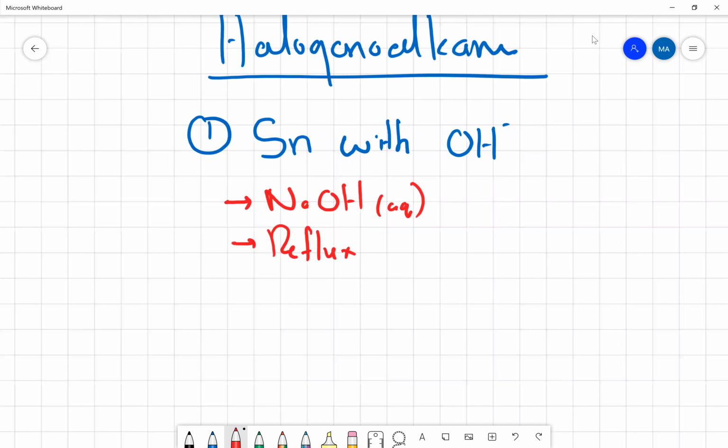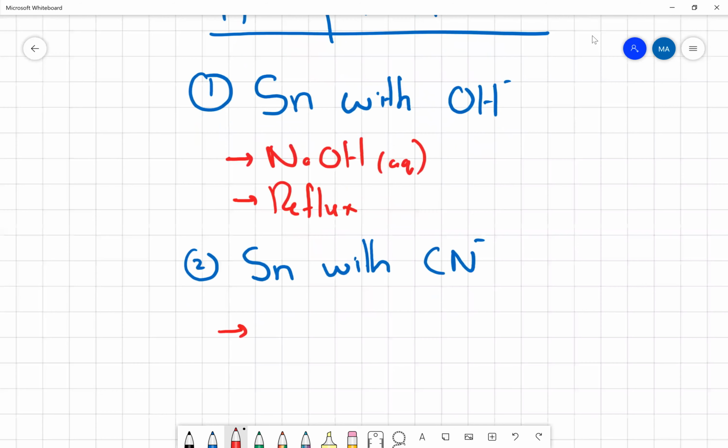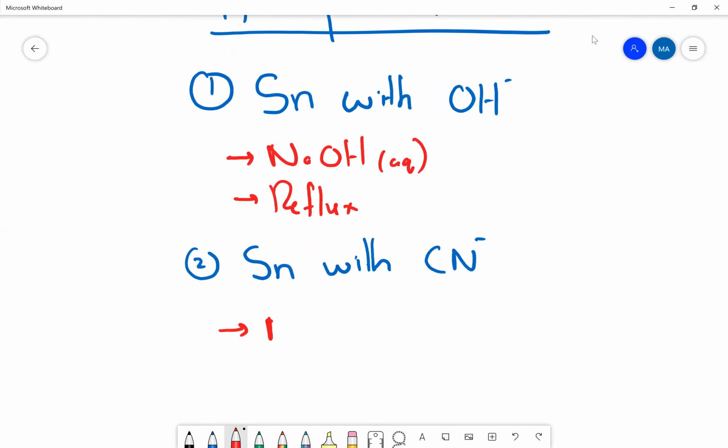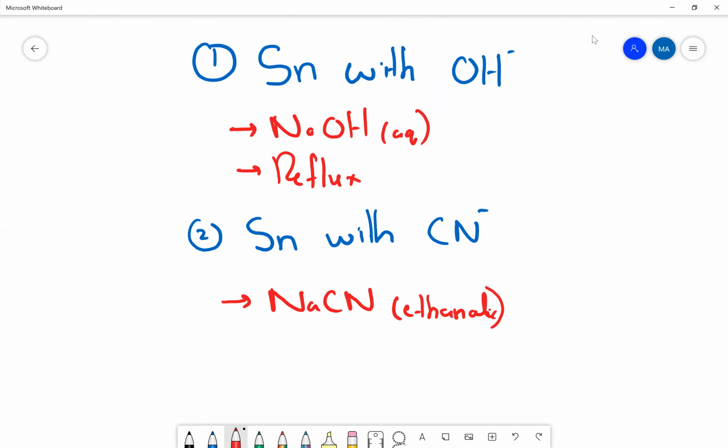Similarly, the nucleophilic substitution with CN negative ion, cyanide ion. For the cyanide ion, you'll need sodium cyanide, NaCN, ethanolic. The solvent used here is ethanol. And again, you need reflux for this.